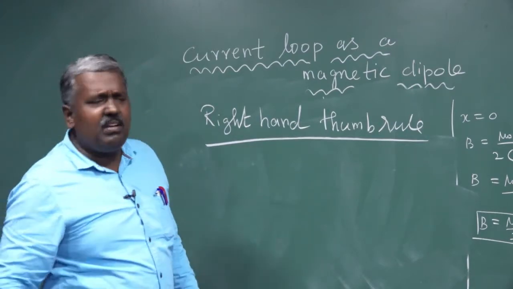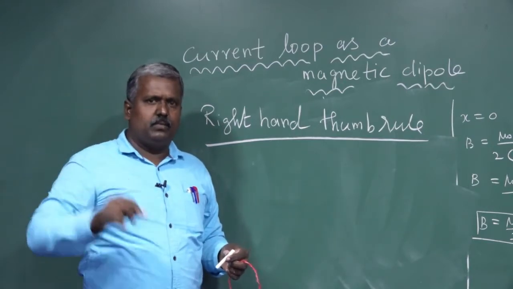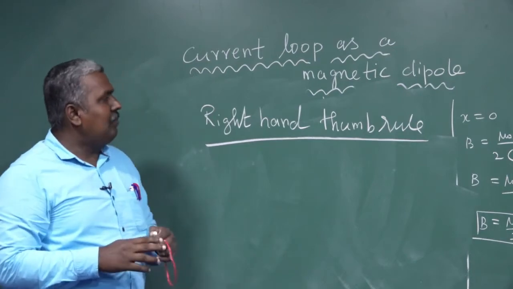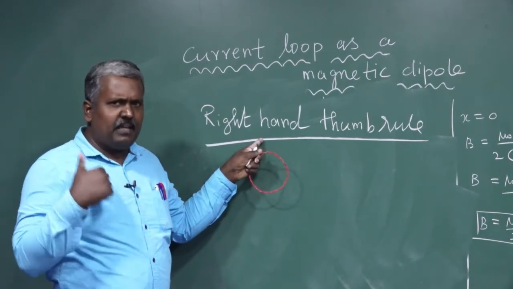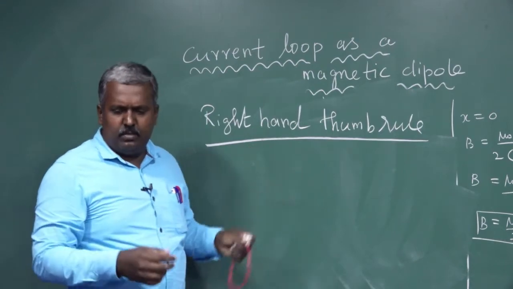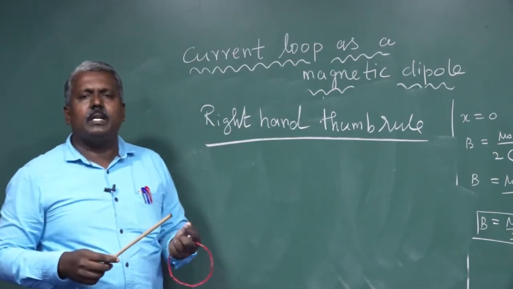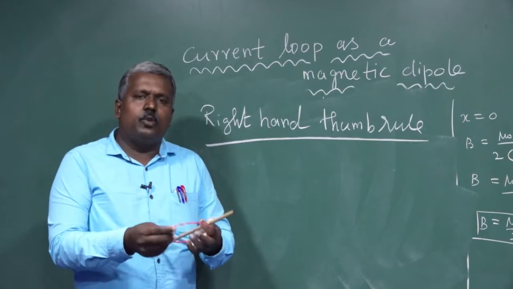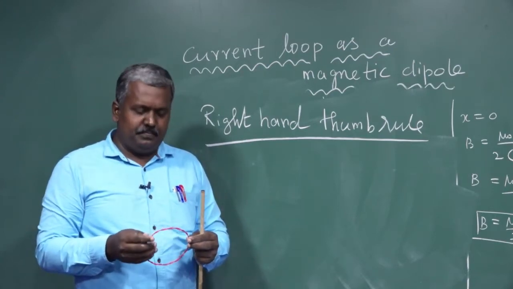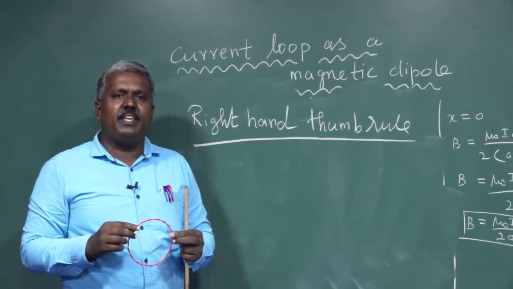What is the purpose of the right hand thumb rule? What is the thumb? This finger. Already you studied about this, am I correct or not? It is used to find out the magnetic field around a current carrying conductor and also the magnetic field along the axis of a current carrying loop.